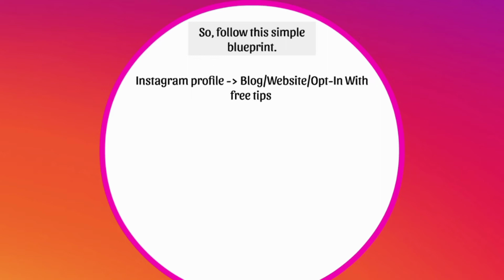But at the end of the day, you can use an opt-in with free tips or a squeeze page to build your list first. Because what I found is that a lot of times it takes 7 to 12 times to actually touch the person, get to know them before they actually buy. What I mean by touch points is emails.